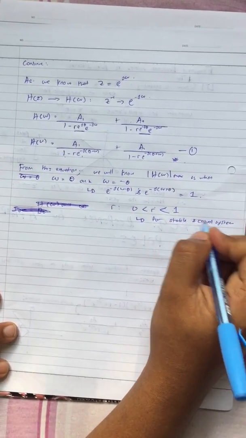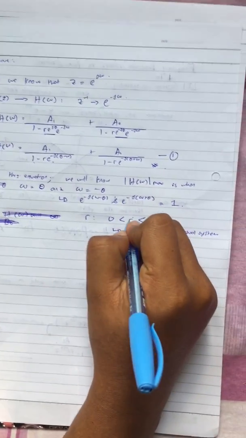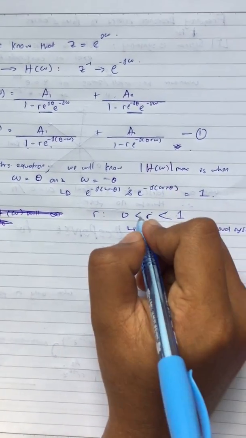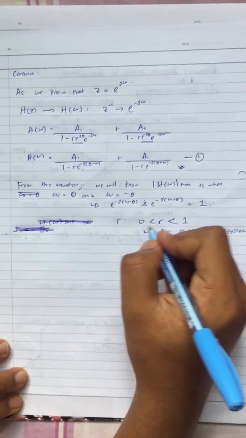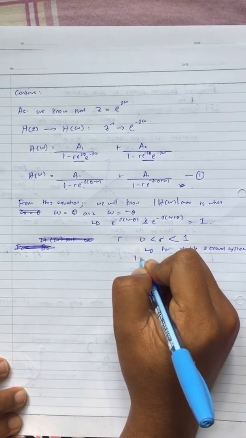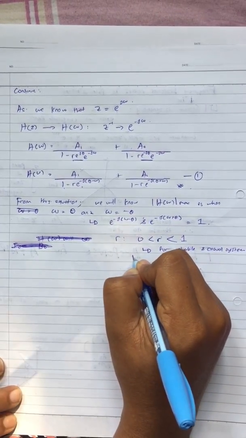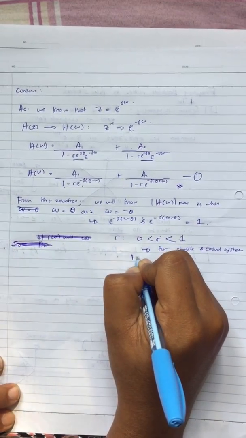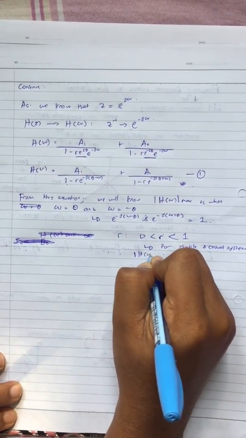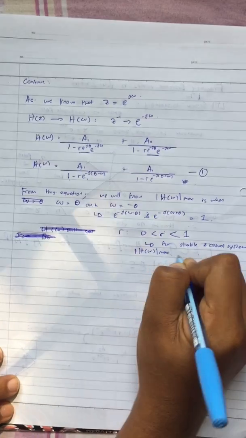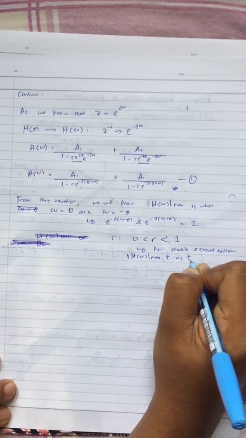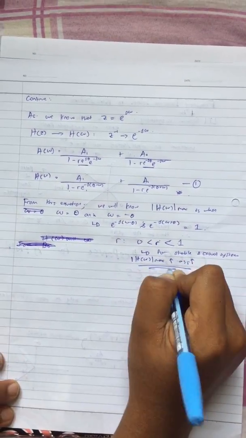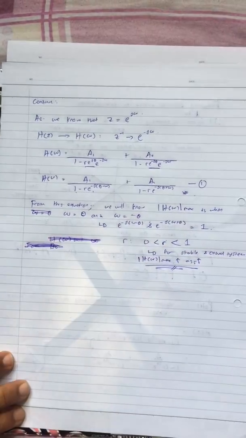The system cannot be stable and causal if r is more than 1 or less than 0. Within this range, the magnitude of H(ω) max increases as r increases.